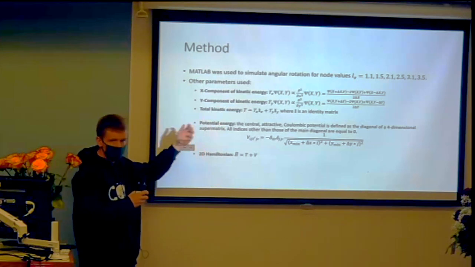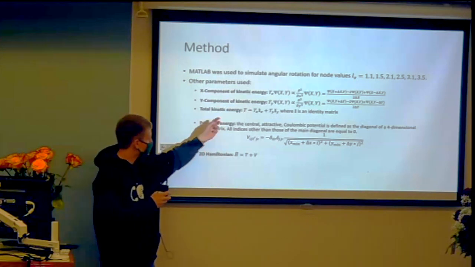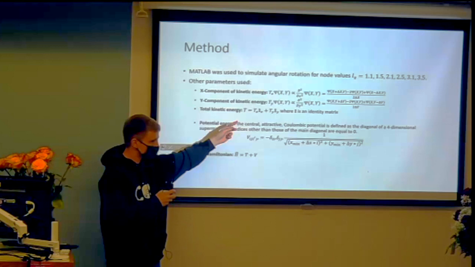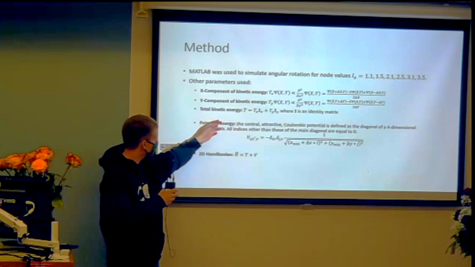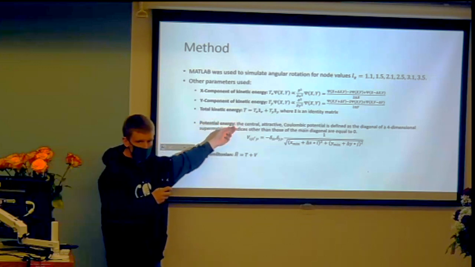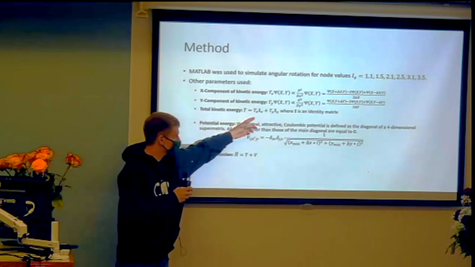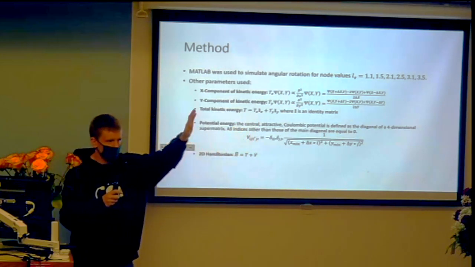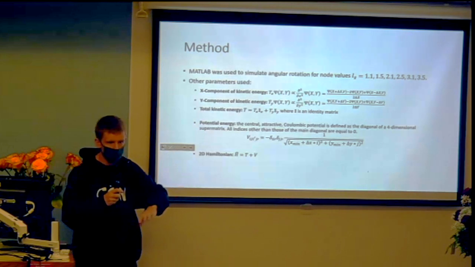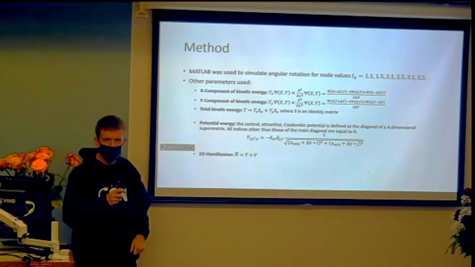We use initial wave functions defined in terms of position in the x and y space, and we use that to convert these vector quantities into essentially a super operator, where the unity matrix is essentially a matrix that has ones along the diagonal and zeros everywhere else.